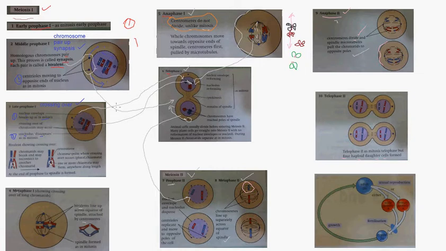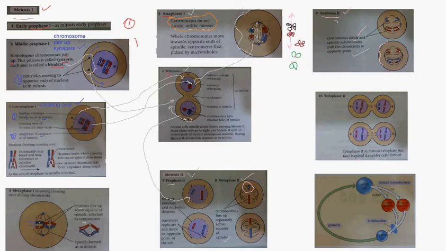They didn't replicate. So 4 again. They lined up at the equator as bivalents. Again 4. Okay, again 4 over here. So the initial one was 4. Okay, so you got again 4.